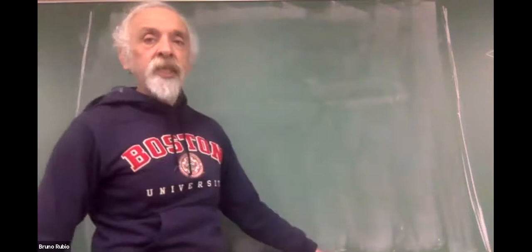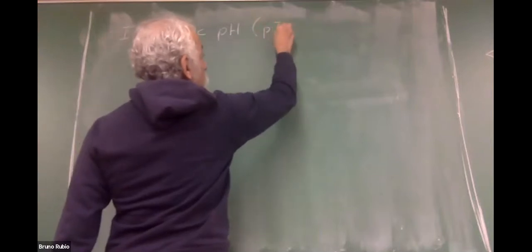Okay, so that was a review of a lot of the stuff that we said last time. So now let's continue with more about the acid-base properties of the amino acids. We were talking about the isoelectric pH, also called the isoelectric point. The symbol for the isoelectric point is pI.